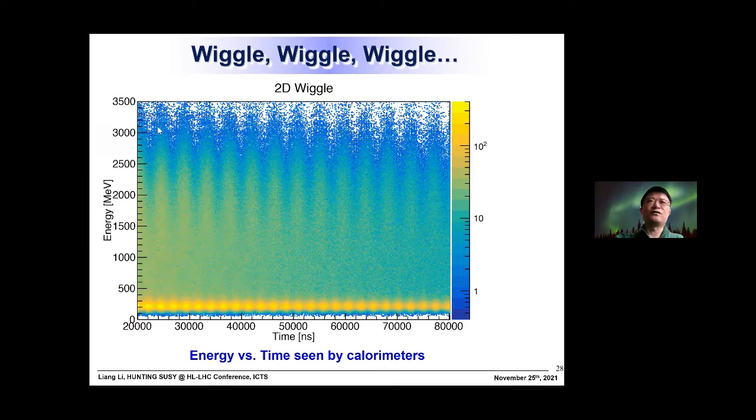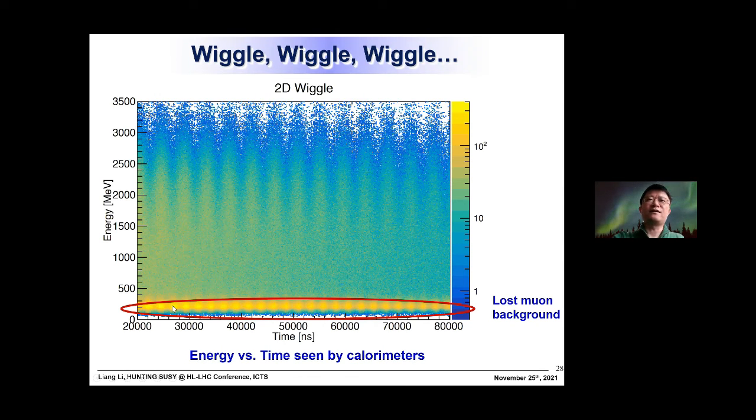So if you do this experiment, you fit it in the time and energy 2D spectrum, you will see something like this, right? And these are the oscillations I talked about, right? And then you will also notice there's something here. What about this, right? These are actually background, right? And you can see that these are actually fairly constant.